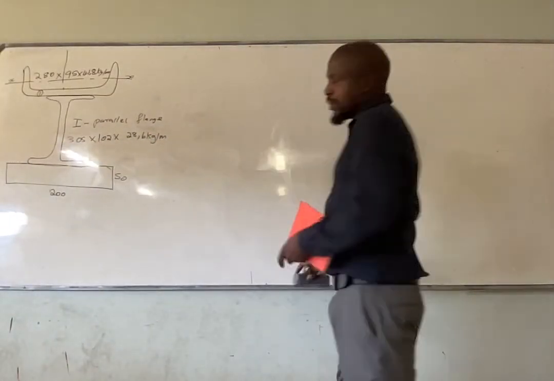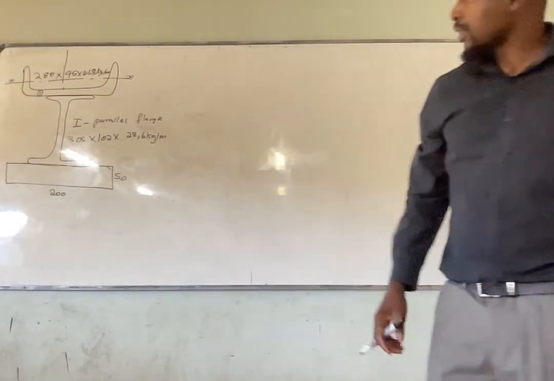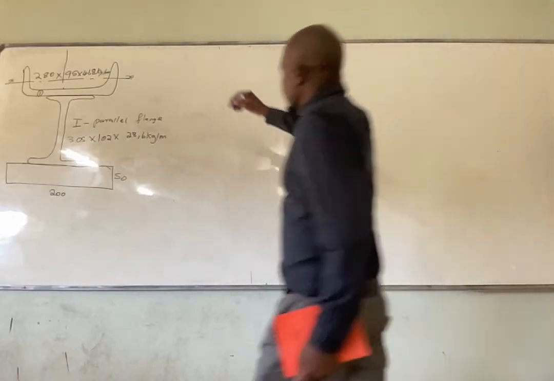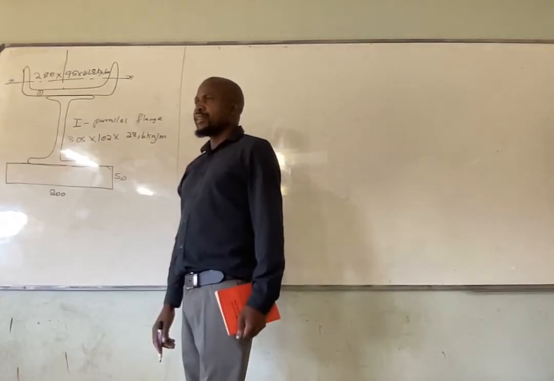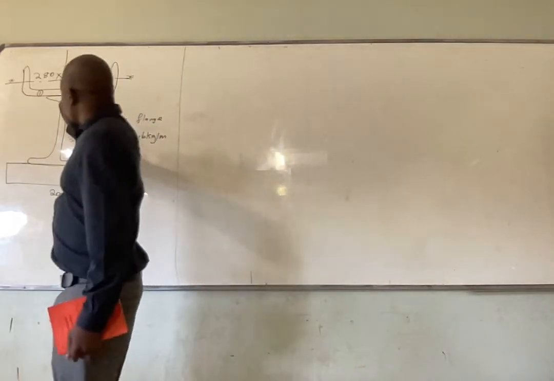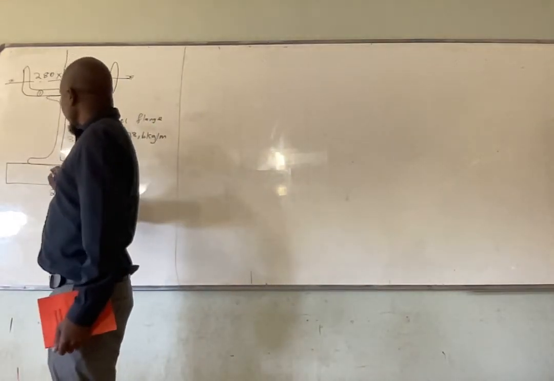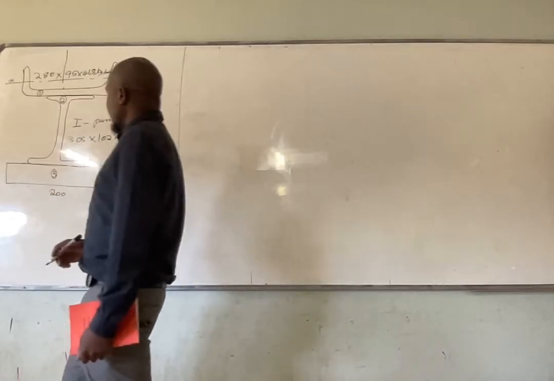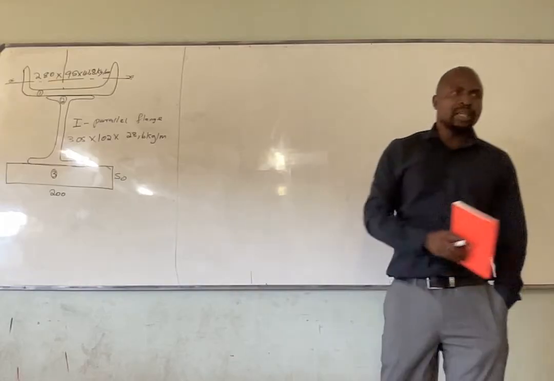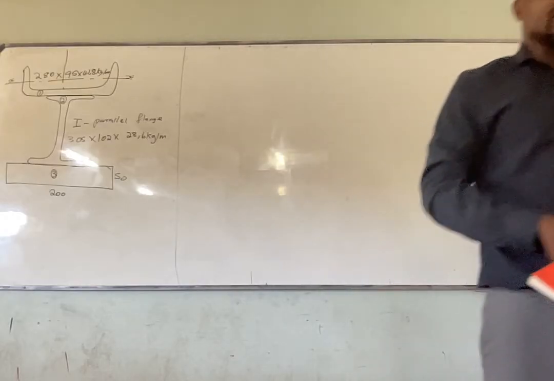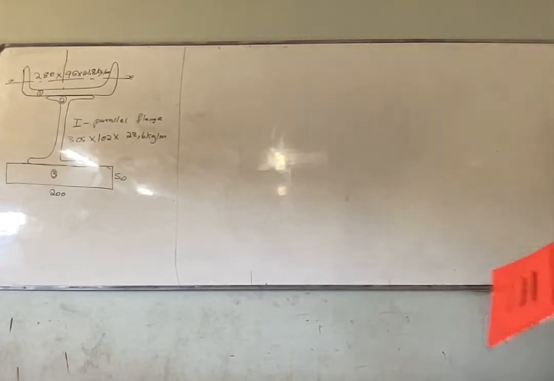So how many areas do we have here? 3. The second one and the third one. It does not matter how you choose which one is the first one, which one is the second one, as long as you do your things right.